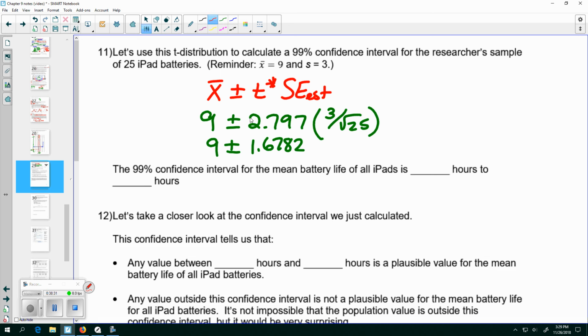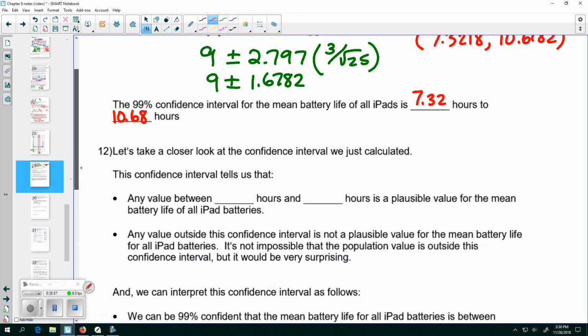So we can say that our confidence interval is from 7.3218 up to and including 10.6782. Okay, so that's a 99% confidence interval for the mean battery life of all iPads. I'm going to round a little bit here: 7.32 hours up to 10.68 hours.